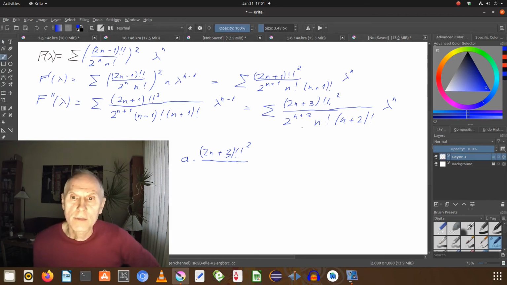A times this one squared divided by n factorial, n plus 2 factorial, plus b times this, and here's a factor 2, so it must be a.